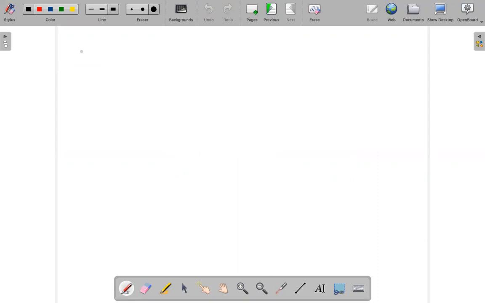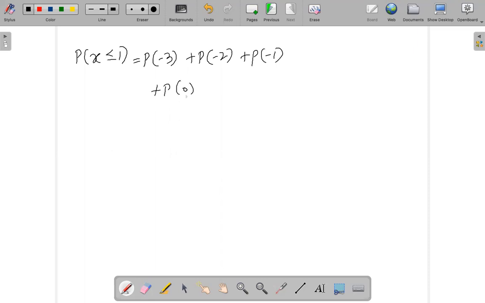P of x less than or equal to 1: you have to find P of minus 3, P of minus 2, P of minus 1, P of 0, P of 1, which is 13 by 16.